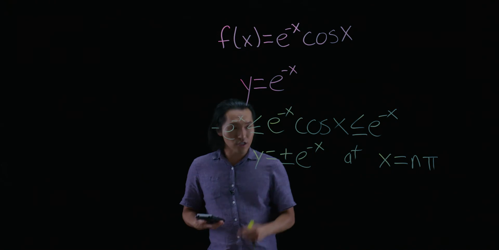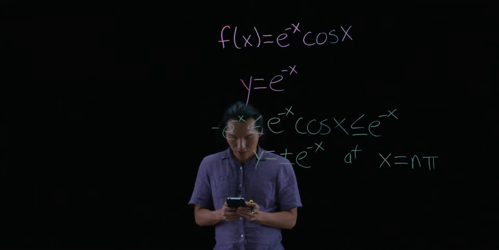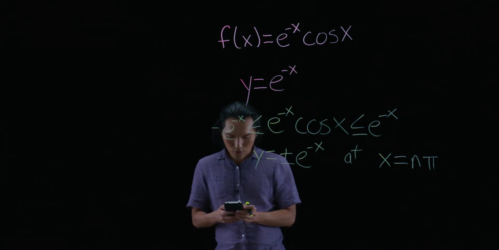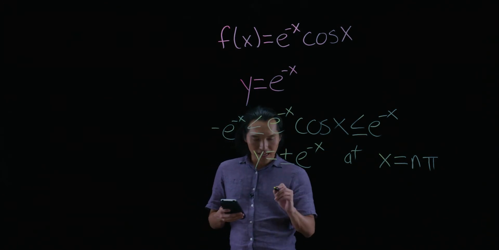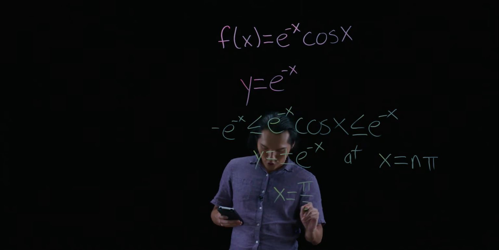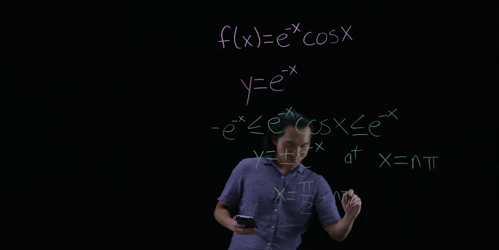Meanwhile, it will also intercept this damping factor at, let's see, we can use the second calc trace button, and we'll see that it has several intersections, right? And so it intersects at x equals pi over 2 plus n pi.